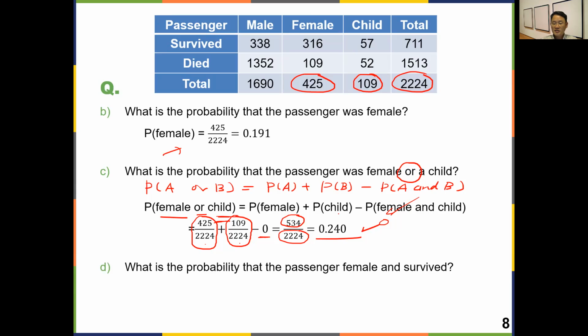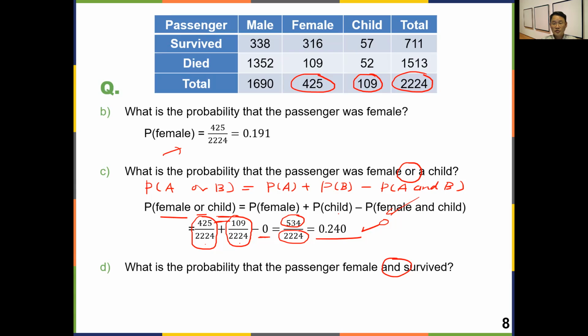Okay, what is the probability that the passenger was female and survives? Remember, this is an "and" question. Now, what did I tell you about the "and" question in contingency table?